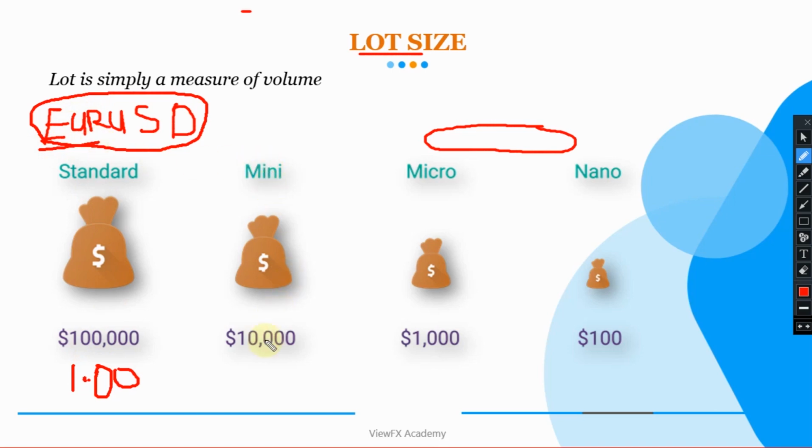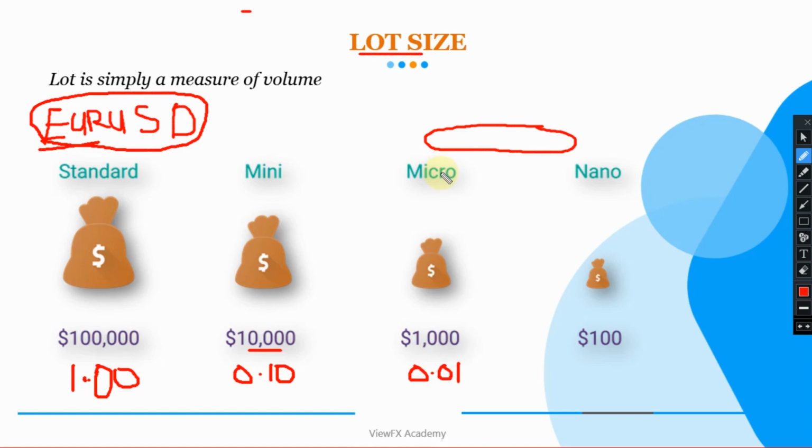If I go with mini, it means I have to choose 0.10, and that means I'm buying 10,000 units of euro. And if I go with micro, it's going to be 0.01.